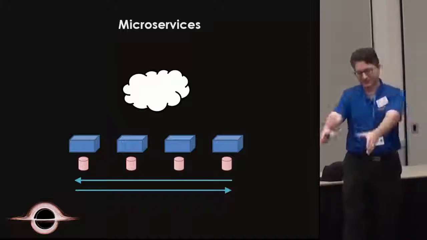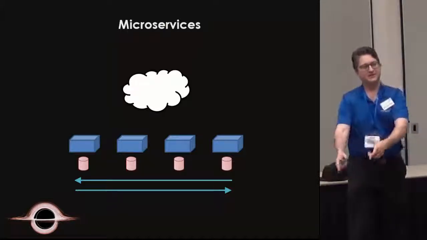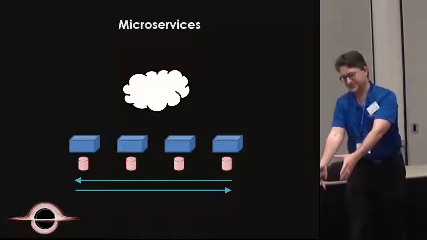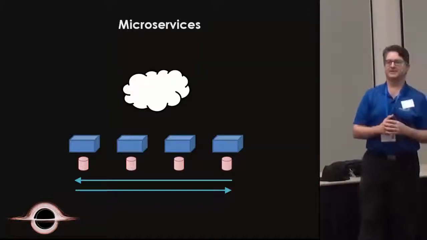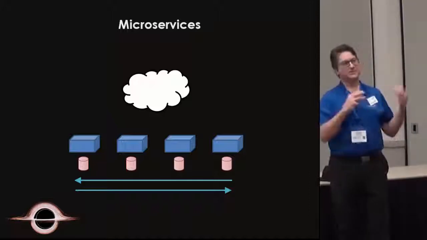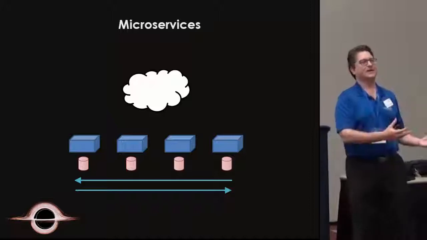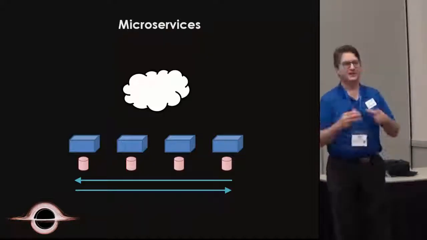And so in order to talk to this microservice, you've got to use HTTP. HTTP is synchronous. You make a request, then you get the response. You make another request and get the response. And so typically with a microservices architecture, you have services talking to other services using the same API. And so they're also talking synchronously to each other.